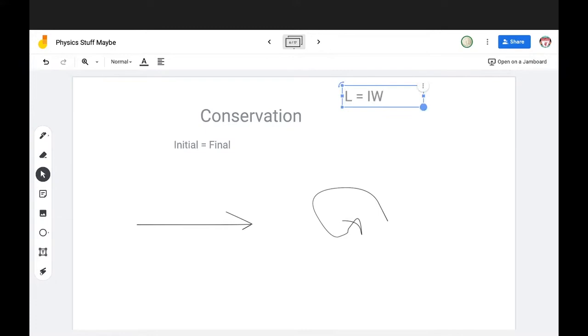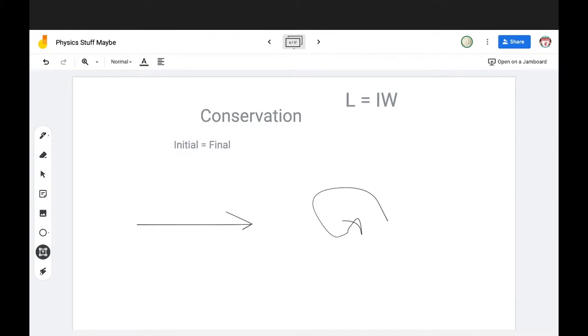Don't ask me why the physicists picked L for angular momentum. My guess is they ran out of letters, but I guess people never know for sure. I is for moment of inertia, which we're going to come back to in just a second. And the W, which is really an omega, which is a Greek letter, stands for angular velocity.